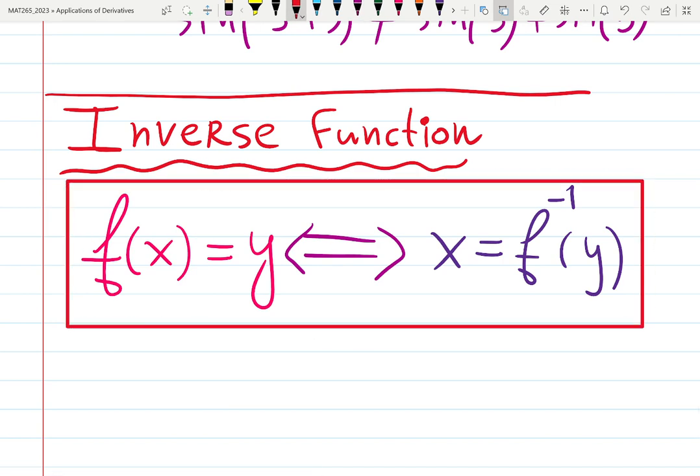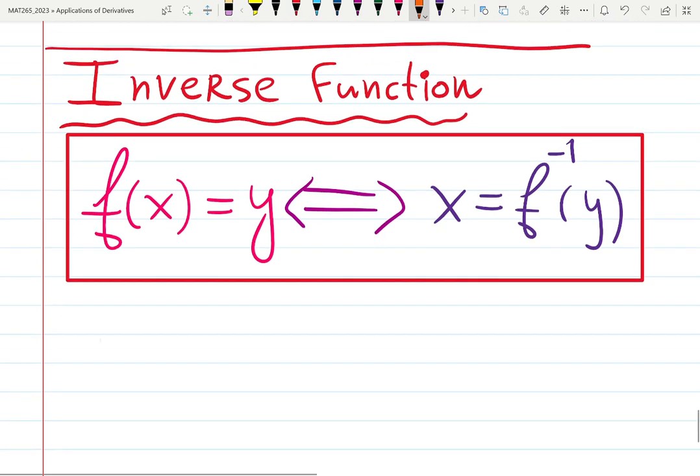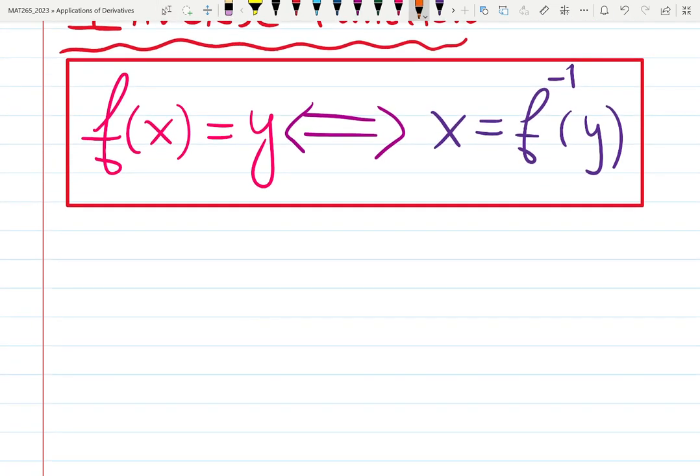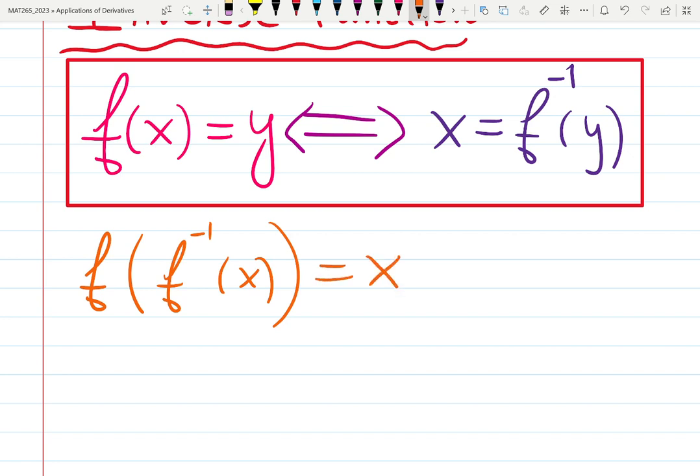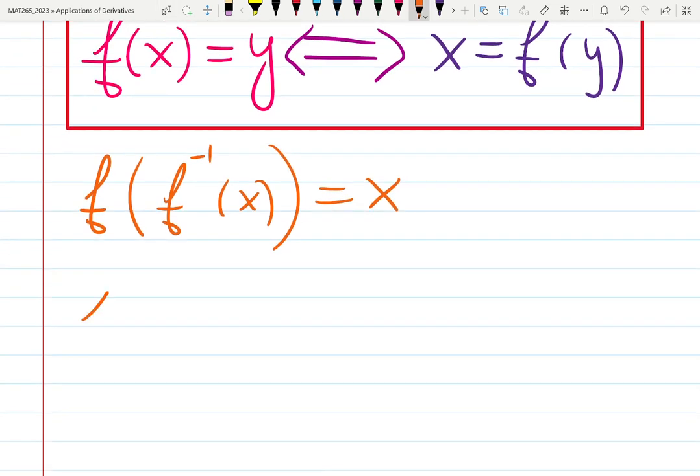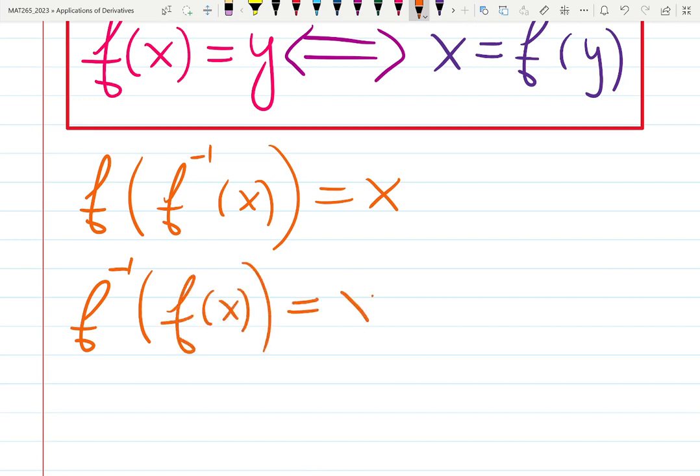Do you know what I just did? I applied inverse to both sides. f of f inverse of x is x, and vice versa. So what I just did is apply inverse to both sides of the equation to dig out the input.